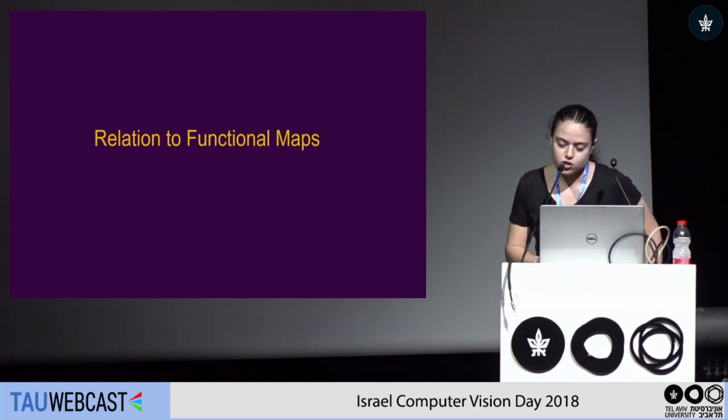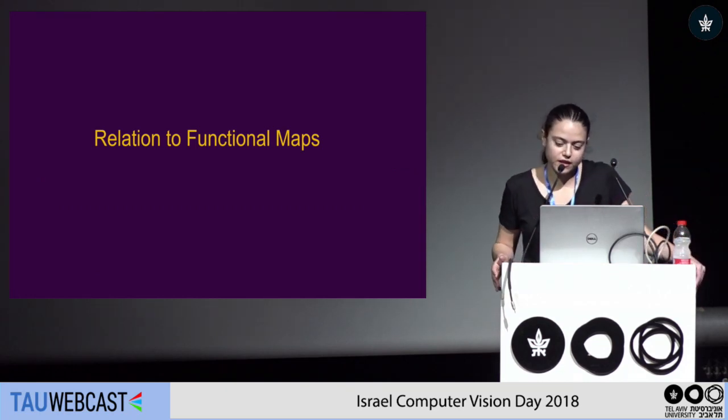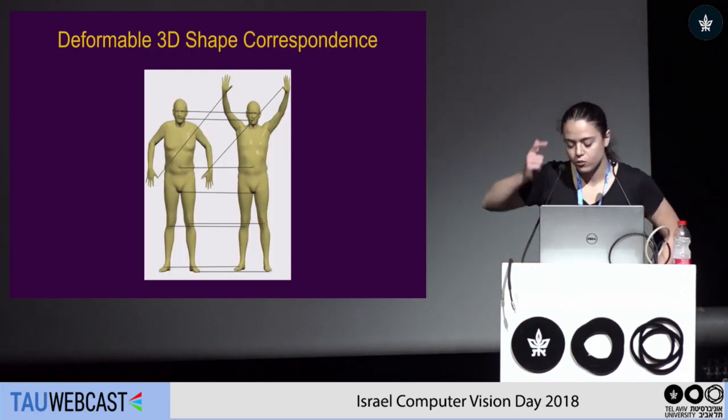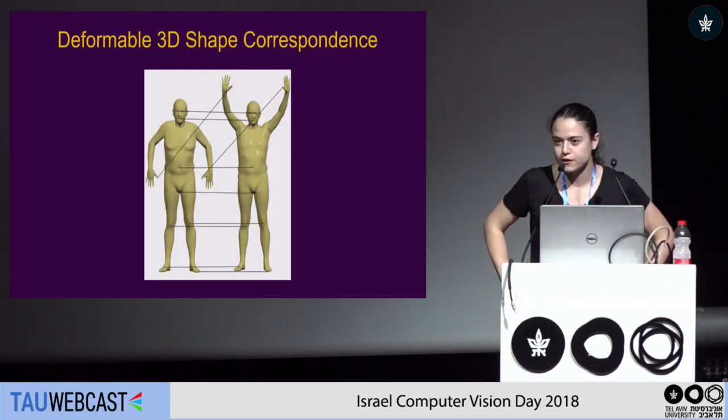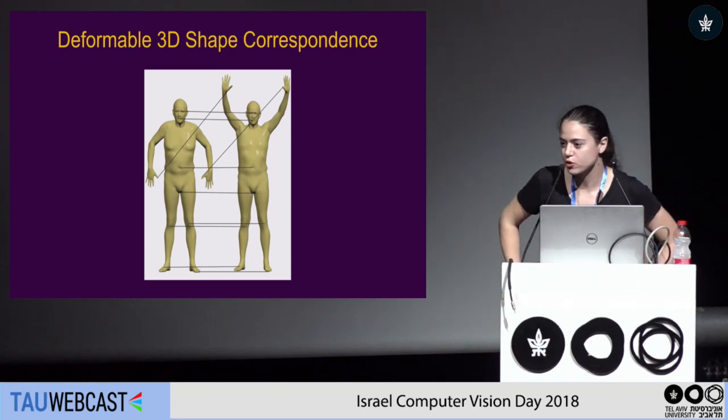Okay. So now I would like to address the relation to the formalism of functional maps. Functional maps were introduced to answer a completely different problem, the problem of shape correspondence.